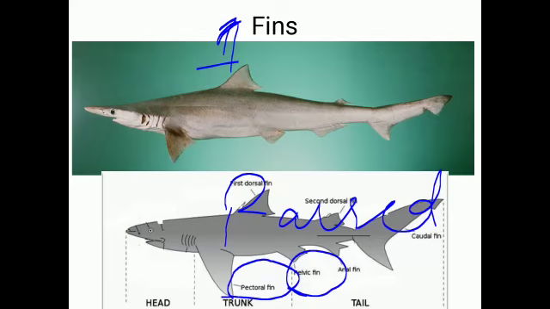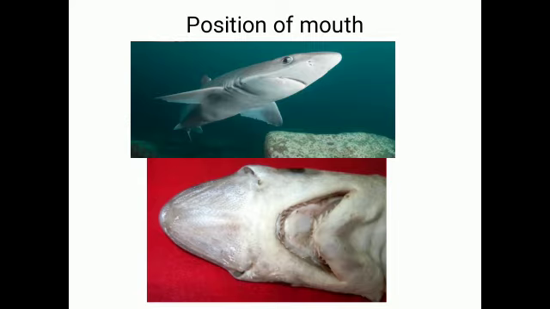If we move further, we can identify Chondrichthyes by the position of the mouth. If the position of the mouth is ventral, here, this position, we can say that the fish belongs to the class Chondrichthyes.